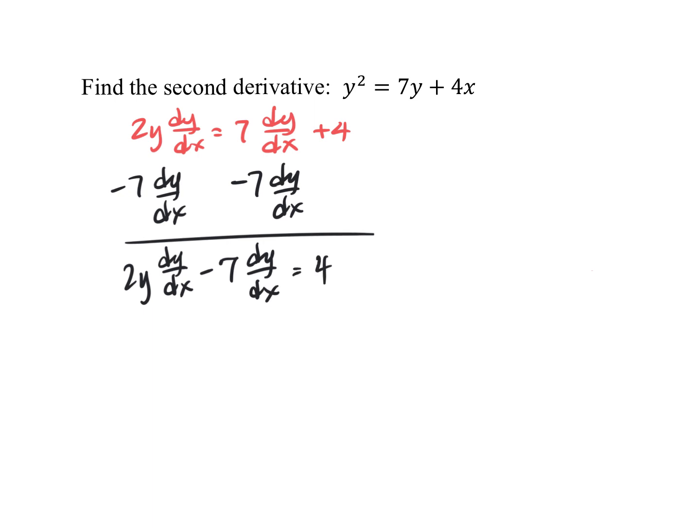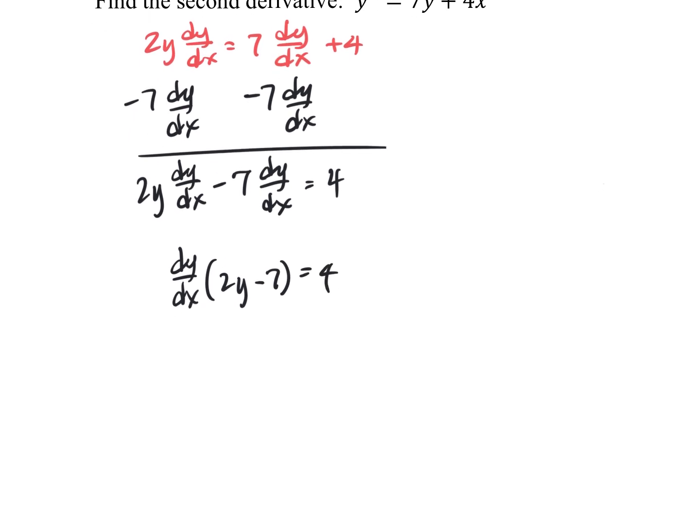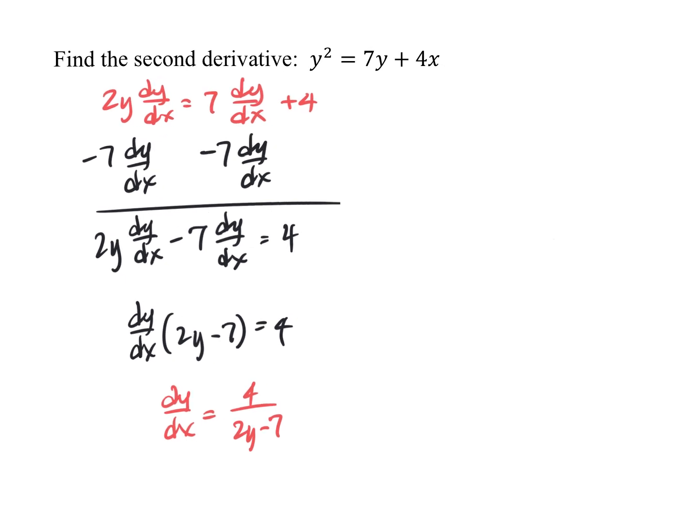Let's get dy dx all by itself. dy dx leaves me with a 2y minus 7 equals 4. We got dy dx is 4 over 2y minus 7. Yeah, we get d squared y over dx squared. We gotta do it again.